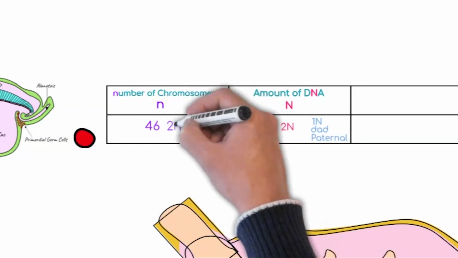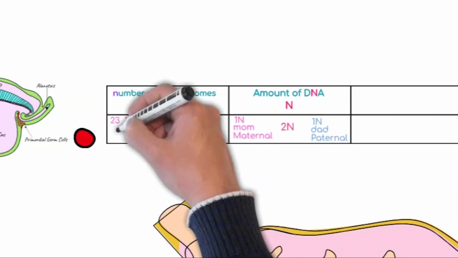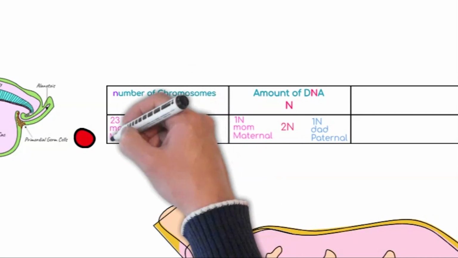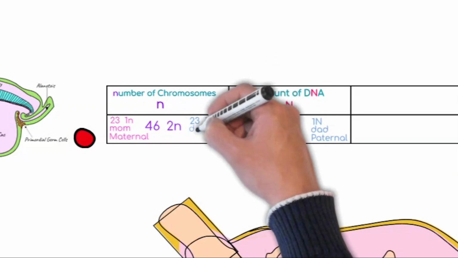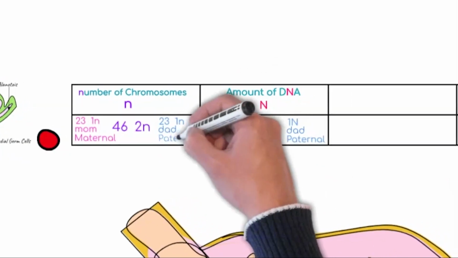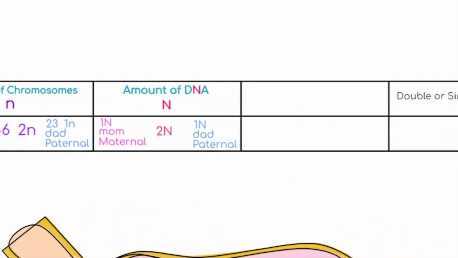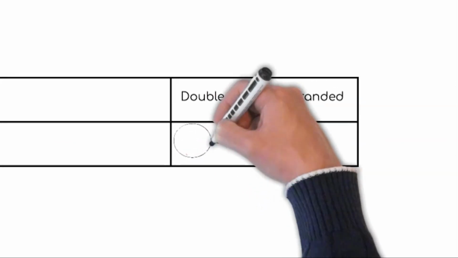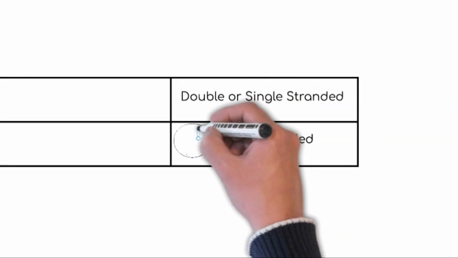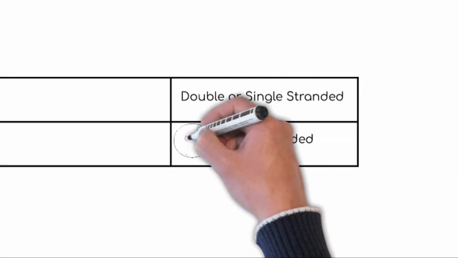And also 2 small n, again, 1 small n from mom, 1 small n from dad. And these are single structured chromosomes, just chromosomes present in that cell. They haven't replicated themselves, so they're just single structured.